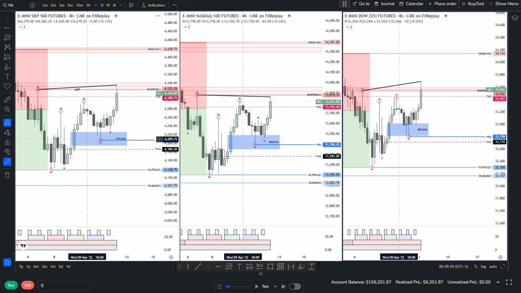So I am currently awaiting a high time frame cracking correlation before determining where the next ERL or IRL draw would likely be.